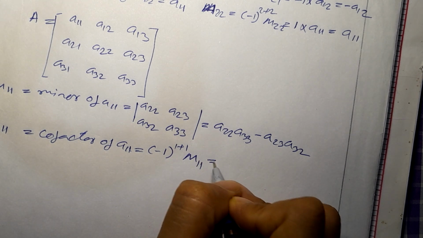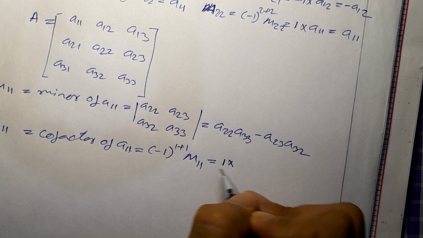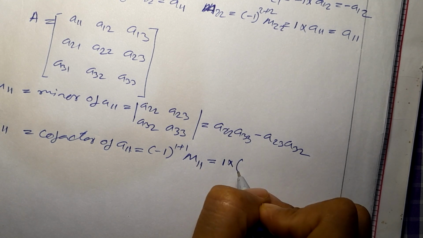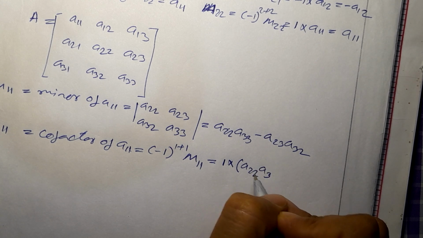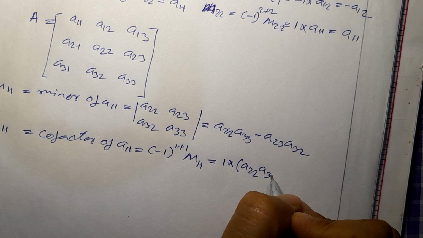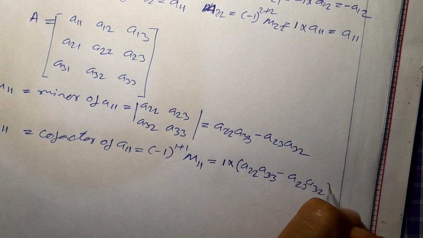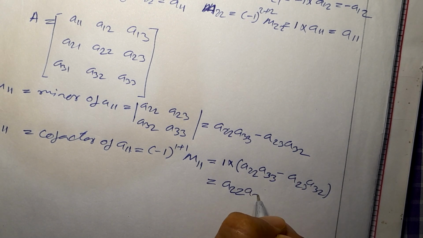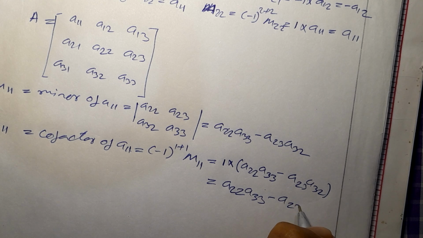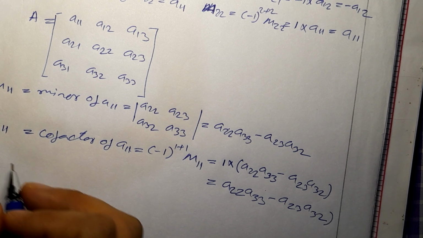So minus 1 power 2 is positive, times m11, which is a22 a33 minus a23 a32. Multiplying by 1 it remains the same. In this way, for the other ones, finding two is enough.